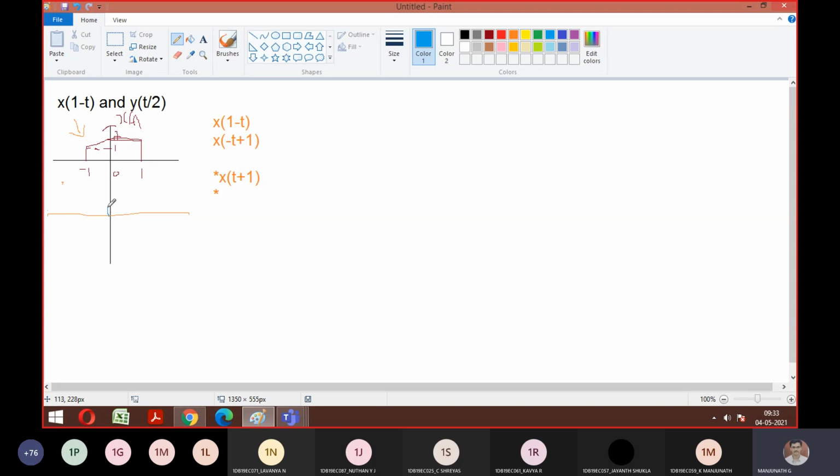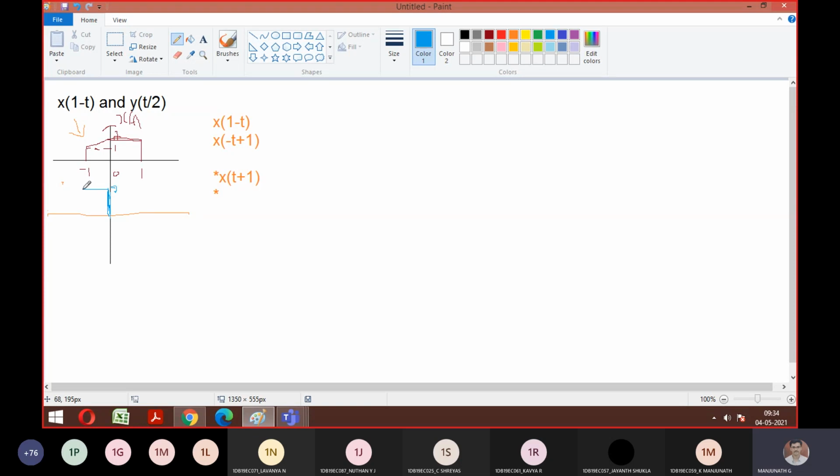So from 0, it is kept constant till where? Till 2. So till 2, it is a straight line. Then this curve will become constant till where now? Till minus 1.